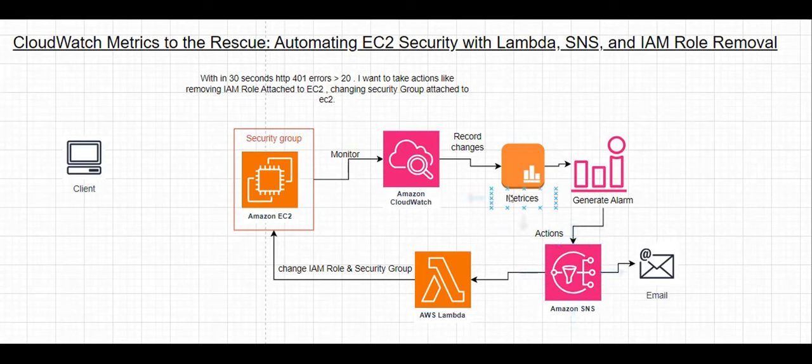So whenever the threshold is reached based on the metric, this alarm will generate a message that will be published into this SNS topic. Then that will be received by us as a subscriber. We will receive that message.